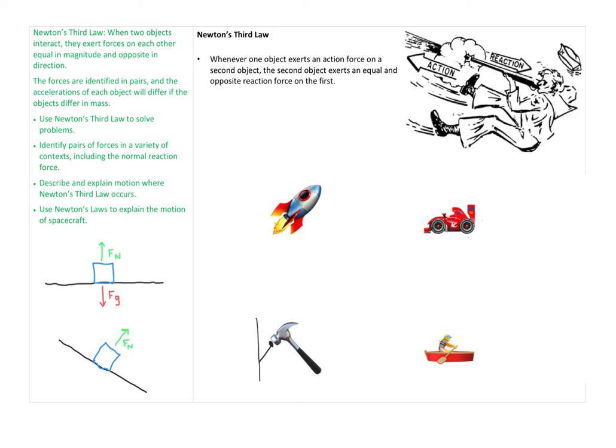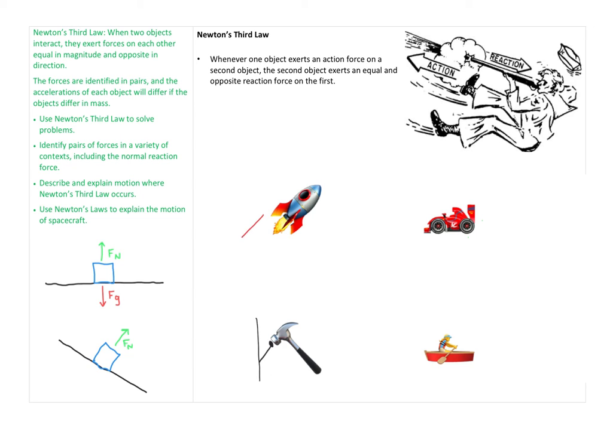So let's just look at a couple of common contexts. And again, you've probably seen these in middle school. We might expand that a little bit, of basically our force pairs. So let's say here we've got a rocket being launched.